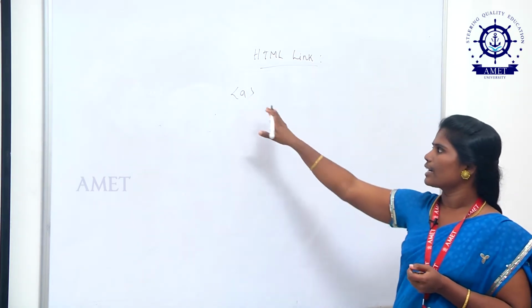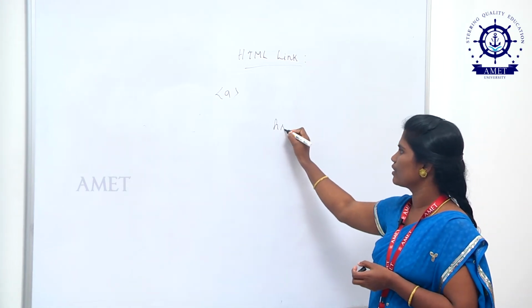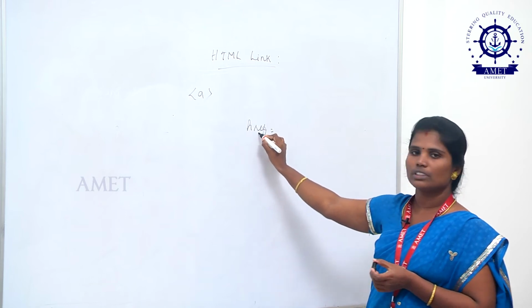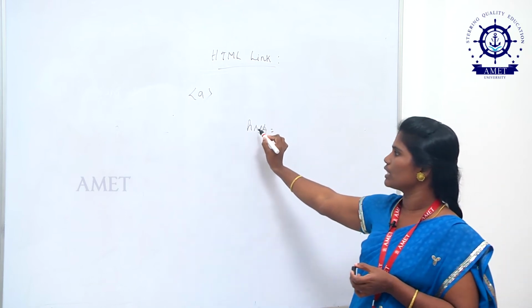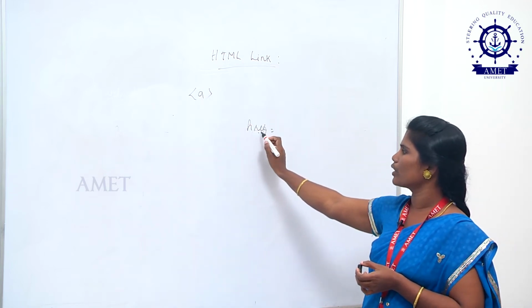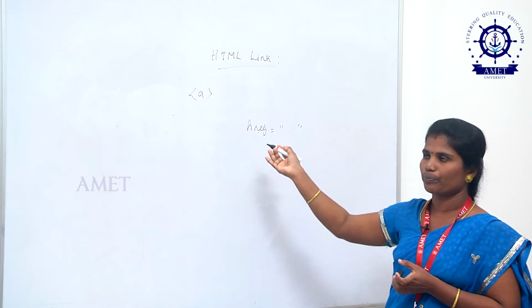In the anchor tag you have an attribute called href. So the attribute name is href. You can use the attribute inside the anchor tag. When you are using an attribute name, you must use the equal symbol and you must specify the attribute value.